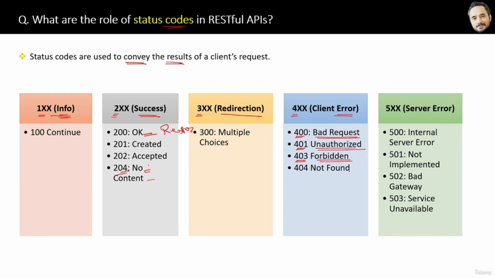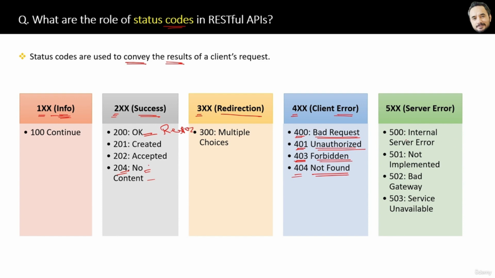For those, 403 errors will be sent. Then 404 means the resource the request is looking for is not found. It is not present in the REST API. Maybe the client is using the wrong resource name. Okay, this is about the errors.